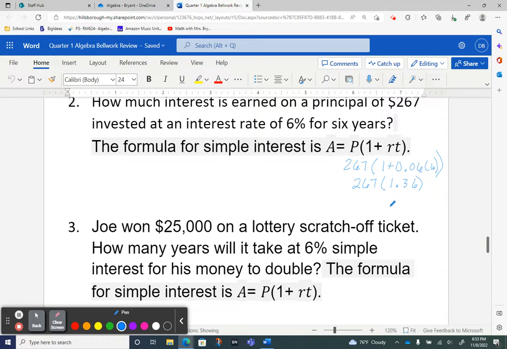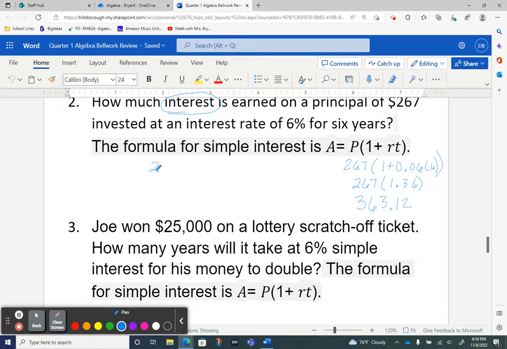267 times 1.36 gives me a total in my account of $363.12. Now, that is the total amount in my account. But my question asked how much interest is earned.